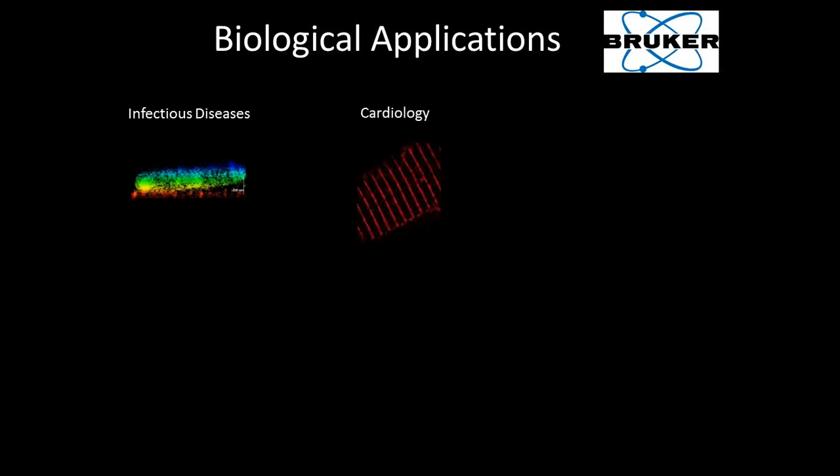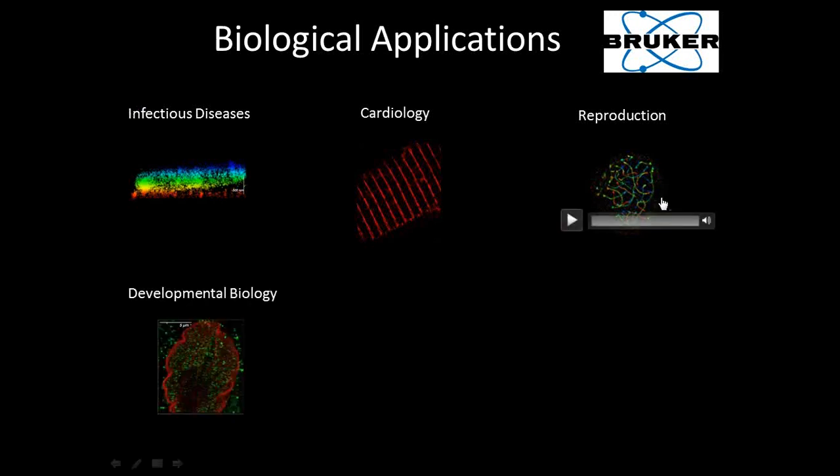So now I want to talk about the different biological applications that we've been able to look at using this particular technique. So in terms of infectious diseases, looking at labeling E. coli, looking at cardiology type of model systems, whether they're cardiomyocytes or cardiac tissue, reproduction, and that's a Z-stack that I'll show you.